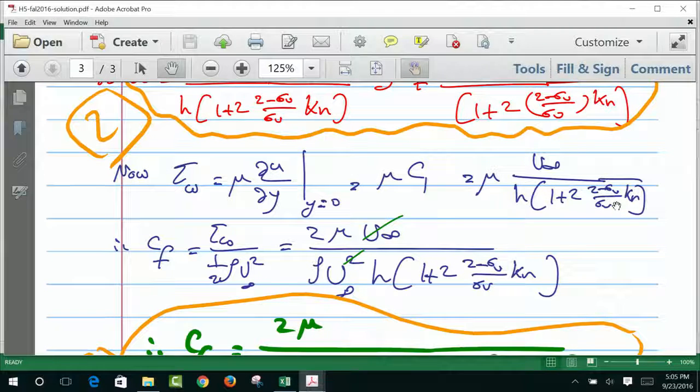Okay. So is that a lower or higher slope than the previous one? The previous one was mu u infinity over h. So what's new? The new part is 1 plus 2 multiplied by (2 minus sigma v over sigma v) Knudsen. That's the extra part. Does this make sense? As we slip, are we weakening the shear stress or strengthening it, making it bigger or smaller by that extra term?